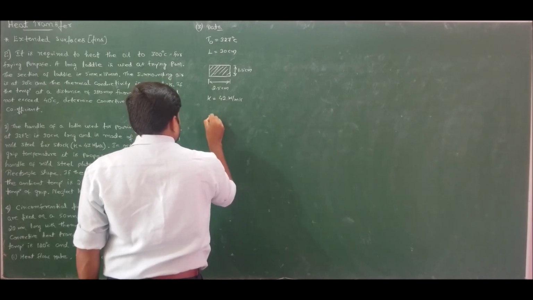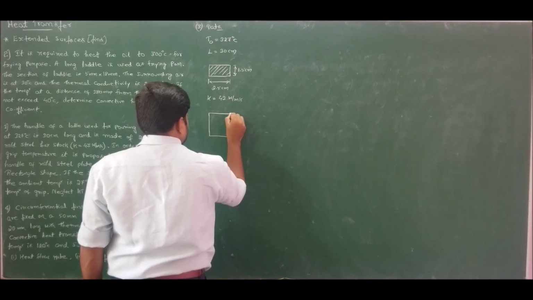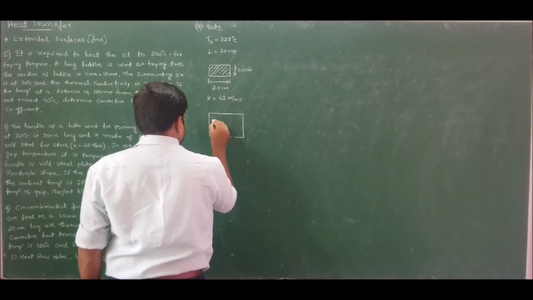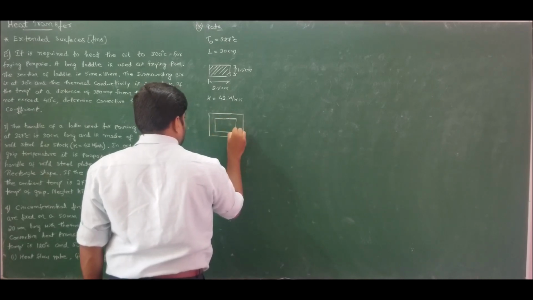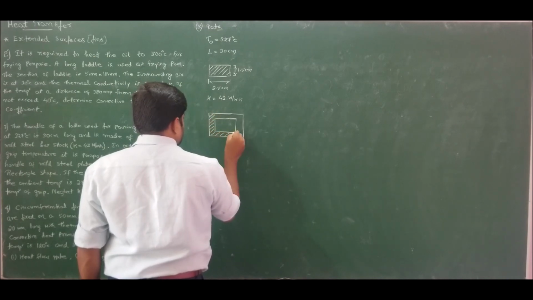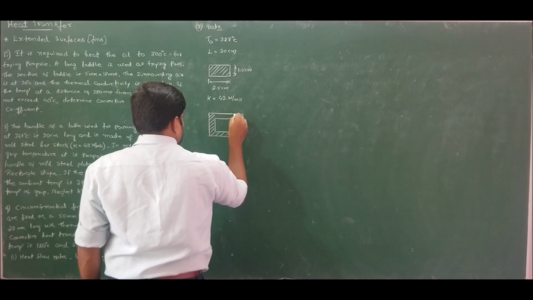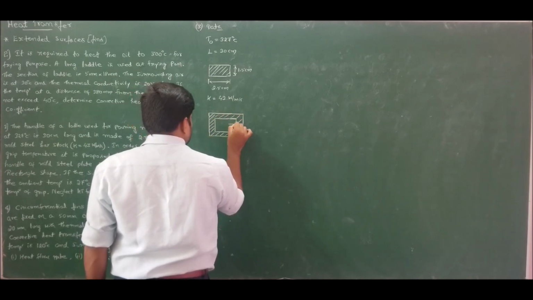So therefore, case 2 is making a hollow ladle of same width but thickness is reduced to 0.15 centimeter.